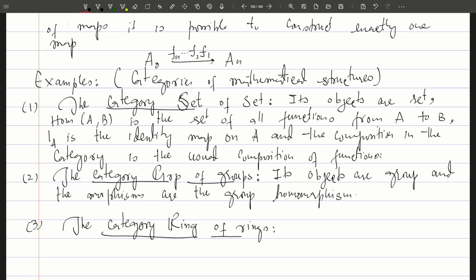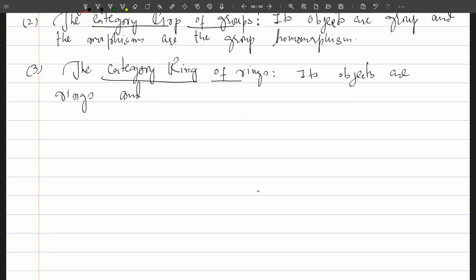Similarly here the objects are rings and the morphisms are ring homomorphisms.